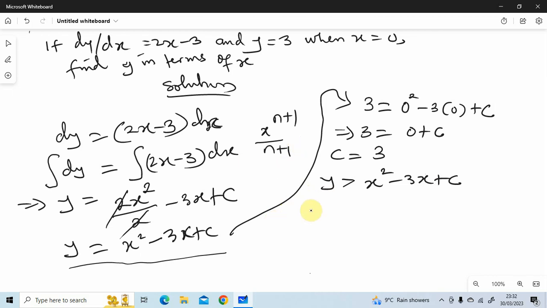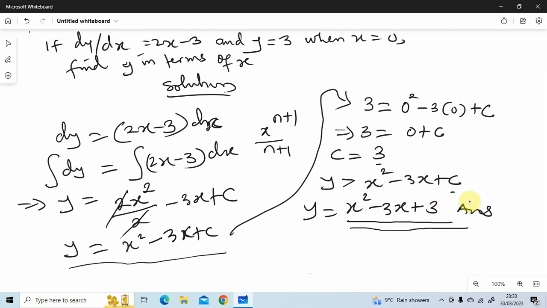That will give me y is equal to x squared minus 3x plus 3, because you know that this is c and the value of c is 3. So the answer becomes y is equal to x squared minus 3x plus 3. This is the expression. That's the final answer.